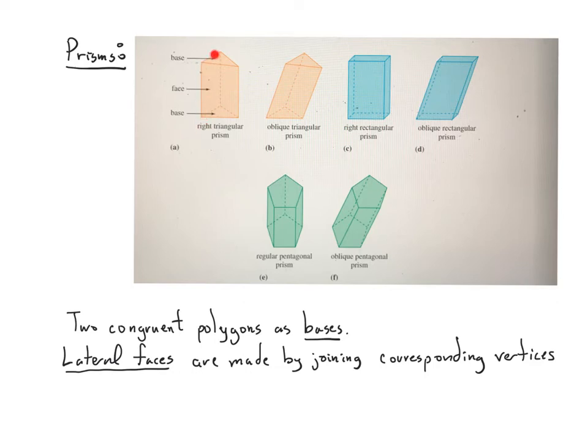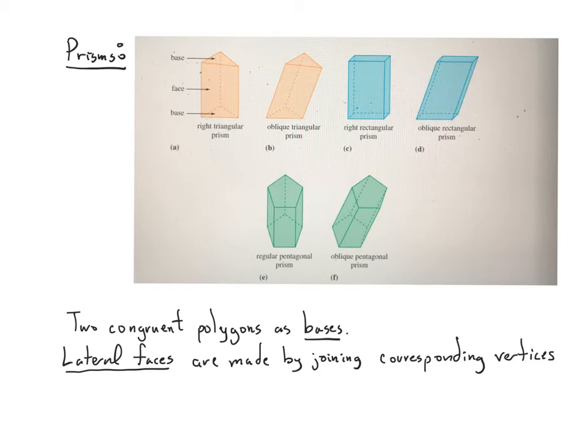So you just join them up, and that creates our either rectangular or parallelogram sides. If the bases lie directly on top of each other, so if you draw a line from the middle of your top base to the bottom base, and you get something that's perpendicular to your base here, then we call it a right triangular prism.